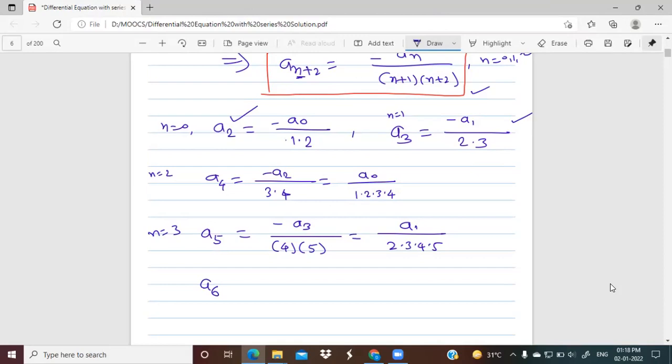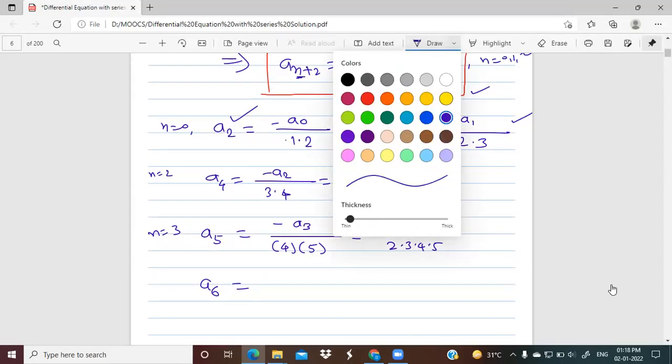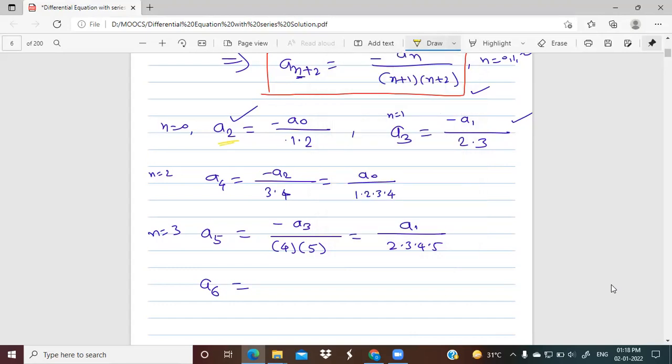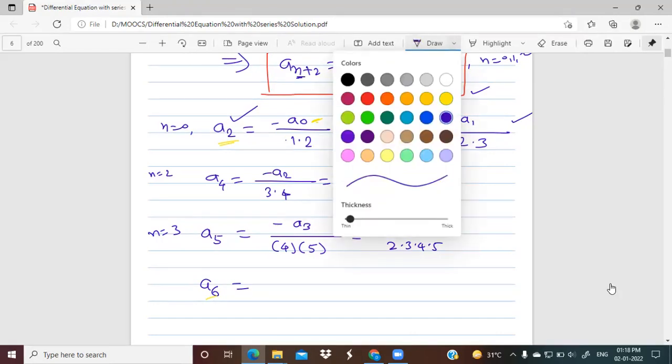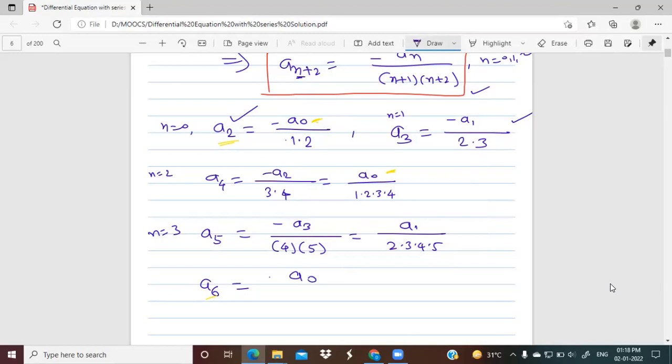Similarly, we will get a6. What will be a6? For even terms we are getting a0, and here a6 is there. The sign now becomes a minus, and here we are getting 1 into 2 into 3 into 4 into 5 into 6. That means this is minus a0 divided by 6 factorial.